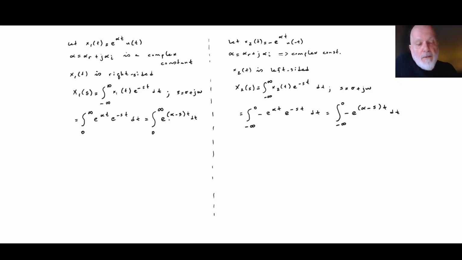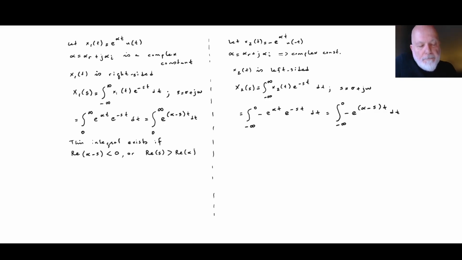So this integral exists if the real part of alpha minus s is negative, or the real part of s is greater than the real part of alpha.